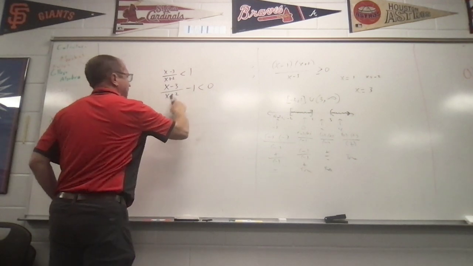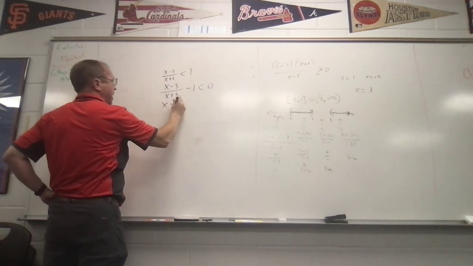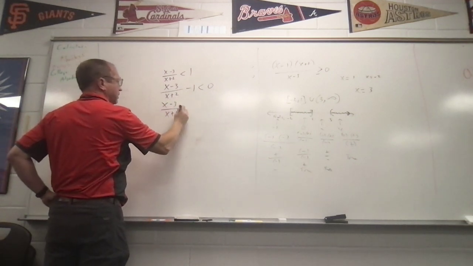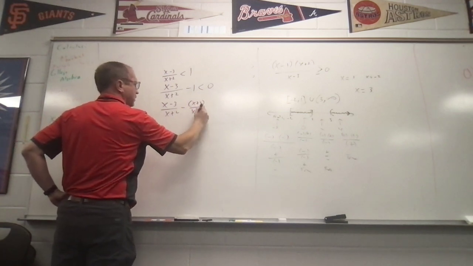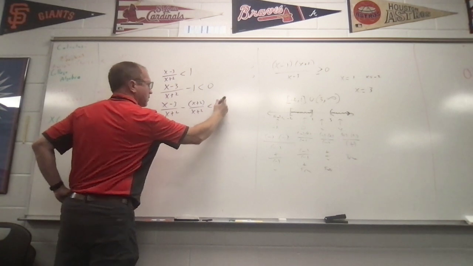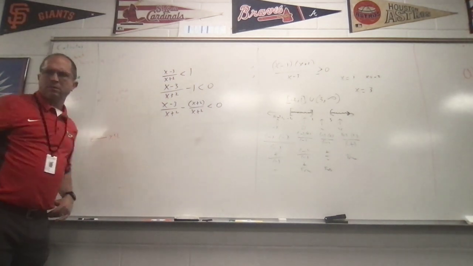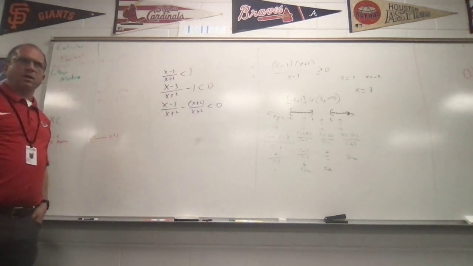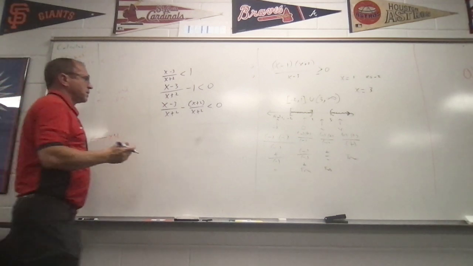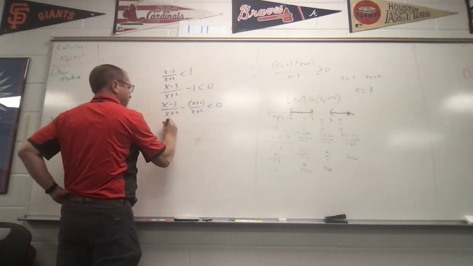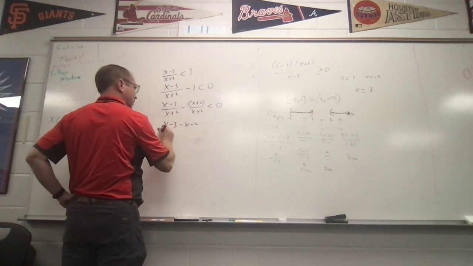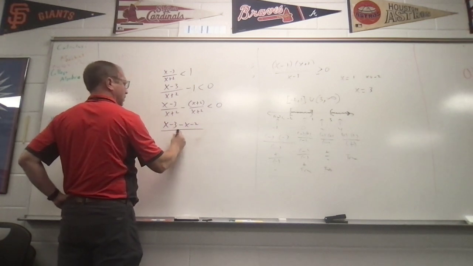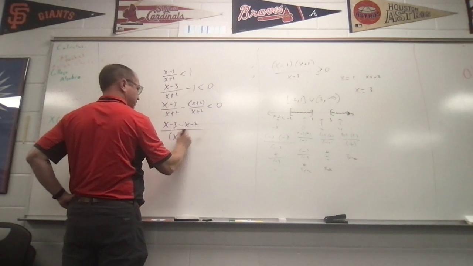All right, well, I got to get a common denominator here, so it's x minus 3 over x plus 2 minus x plus 2 over x plus 2. Does that, everybody, we're good here?